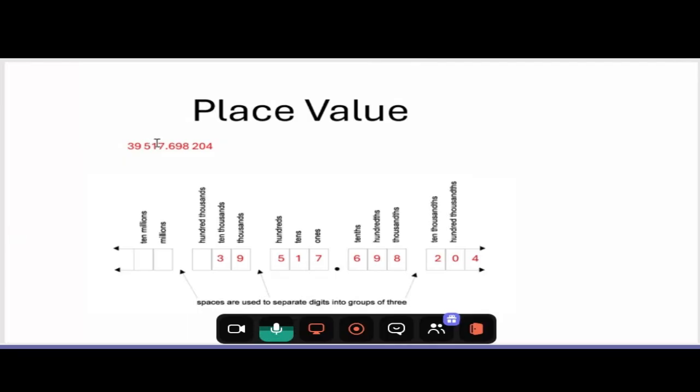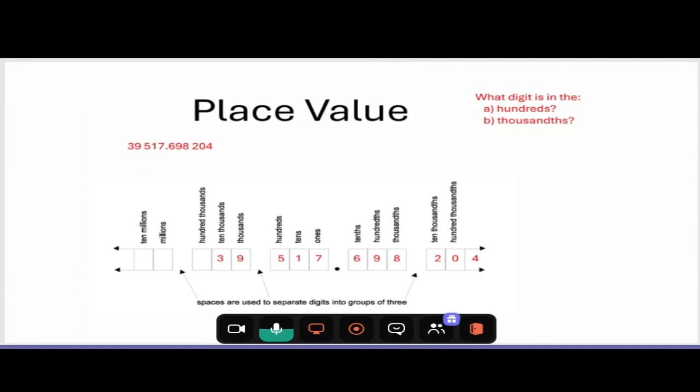So the 7 is in the ones column, then 1593, and then to the right of the decimal, 698204. Everything just drops into the right box. And now you can quickly see what the name of the place value is for any given digit.